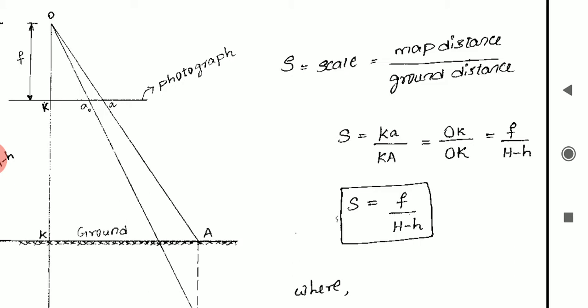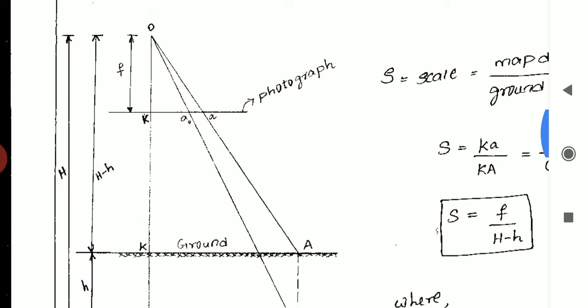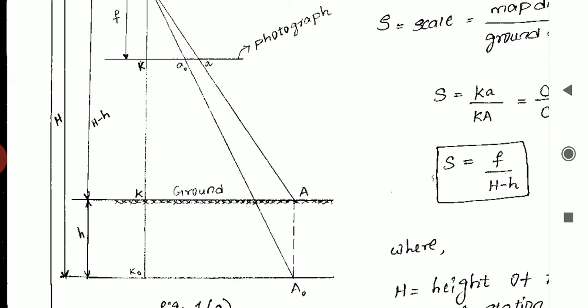In this case, H is the height of the exposure station above mean sea level, f is the focal length of the camera, and small h is the height of the ground above mean sea level.